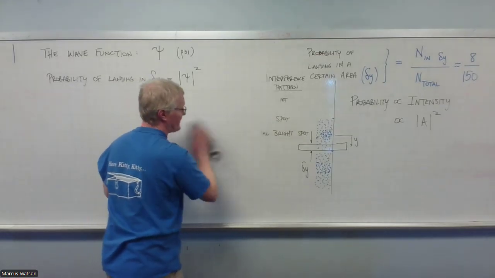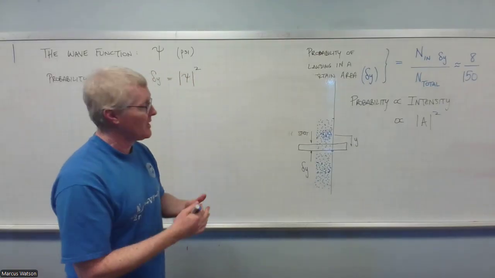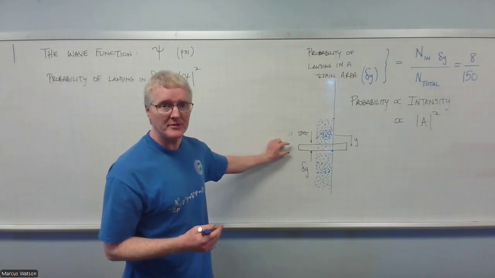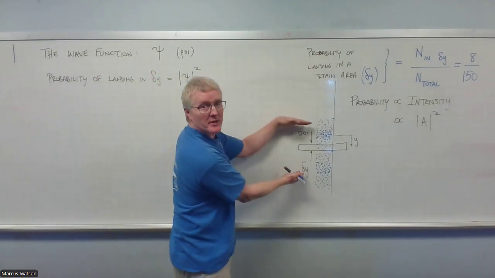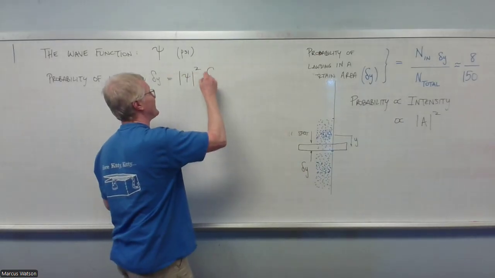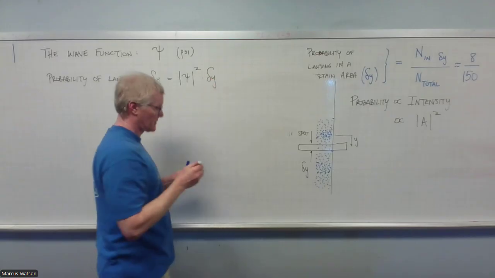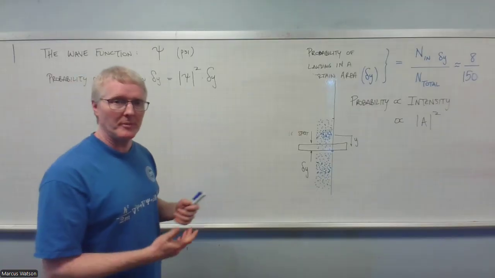And then if we want to find the actual probability of it landing in a certain delta y, well, it depends on how big the delta y is. If I made a delta y that was much larger, then I'd have a much greater probability, right? So I have to multiply this by delta y in order to figure out what the actual probability is.